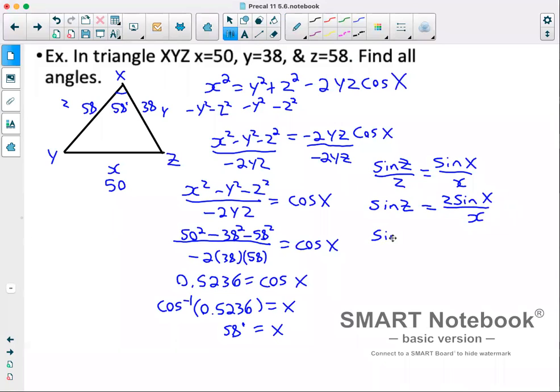So that gives me sine of Z is equal to side length z, which is 58, times sine of angle X, which is also 58, divided by side length x, which is 50.